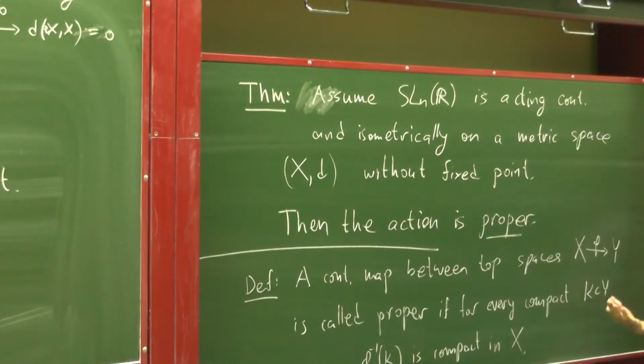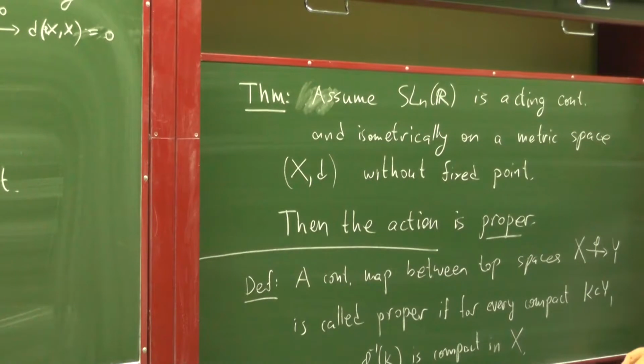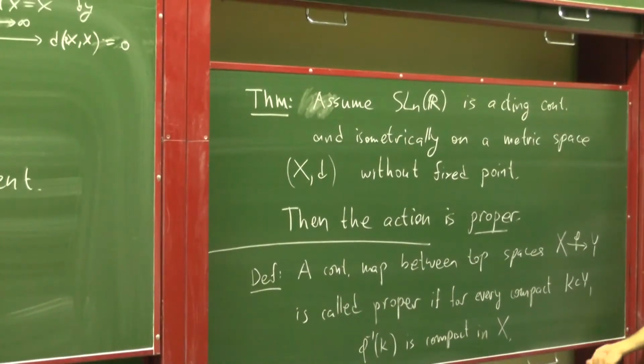It's just a reminder. The pre-image of a closed set is always closed. The image of a compact set is always compact. I'm assuming my spaces are Hausdorff. The pre-image of a compact set need not be a priori compact. If you take the real line and map it into a point, the pre-image of the point is not compact. If you take R^2 and the projection on the x-axis, the pre-image of a compact set will not be compact.